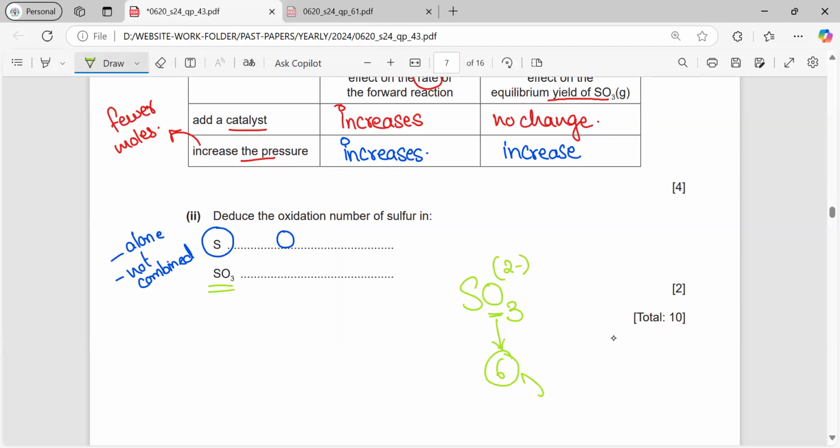That means oxygen will gain 2 electrons and get a 2 minus charge. There are 3 atoms of oxygen, so minus 2 multiplied by 3 makes oxygen 6 minus and sulfur will be 6 plus. So here we'll write plus 6.